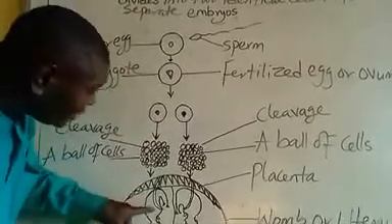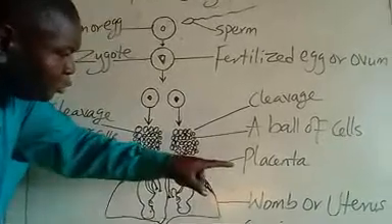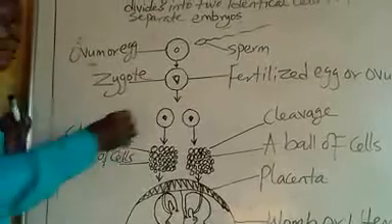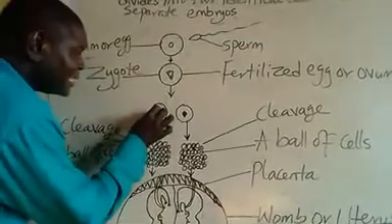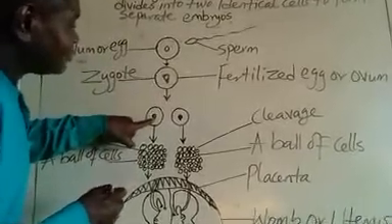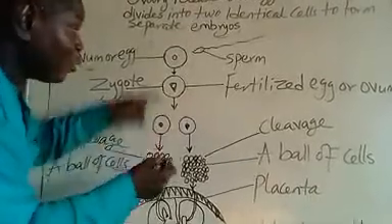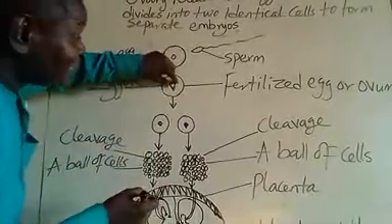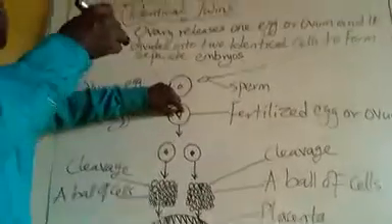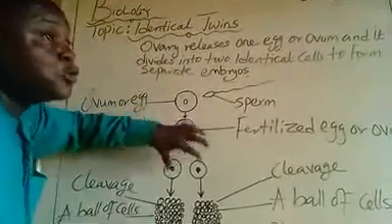For you to have a baby in the womb or uterus, there is what you call cleavage. This cell will have two identical cells. One egg, the fertilized egg, has divided into two identical cells.